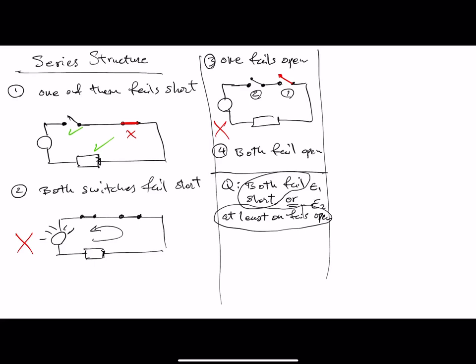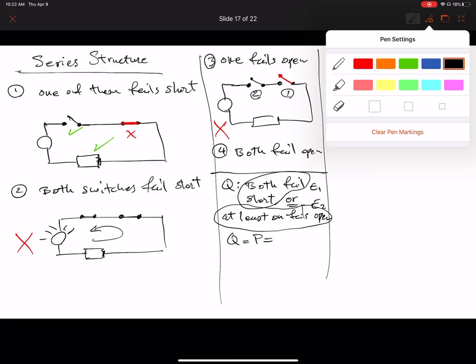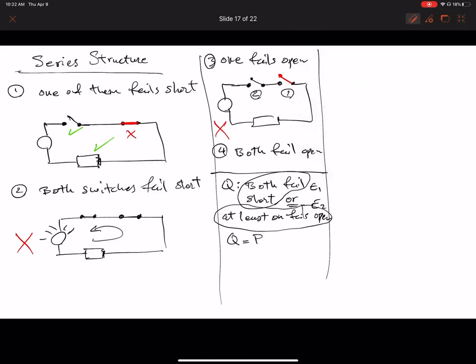So probability of Q is basically the probability of E1 or E2.